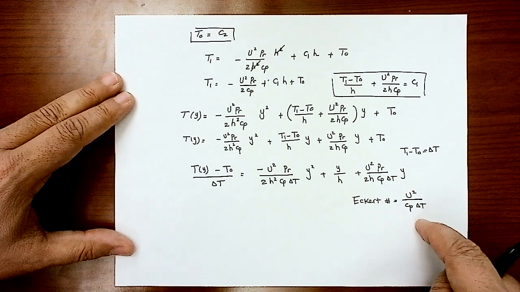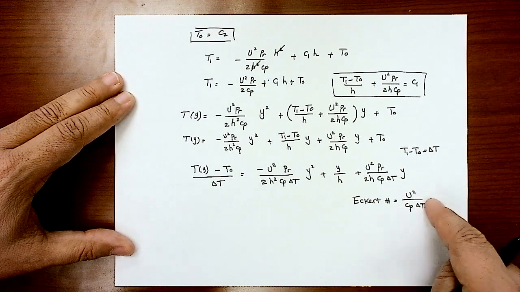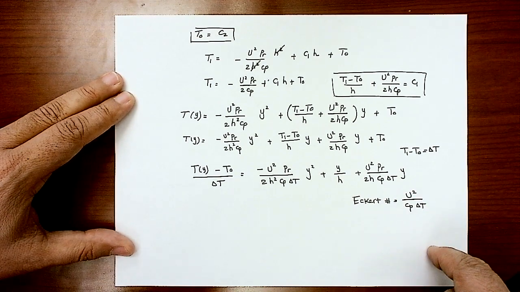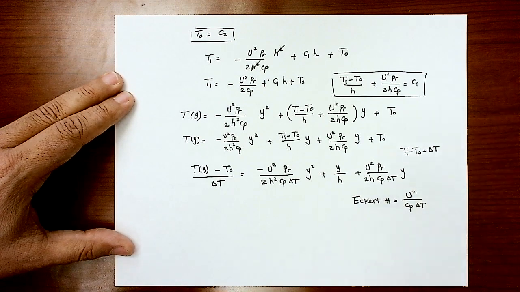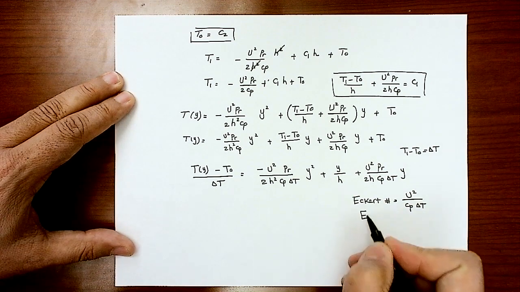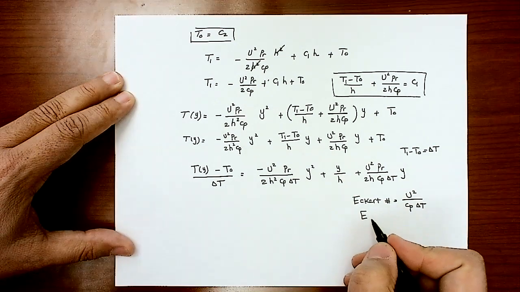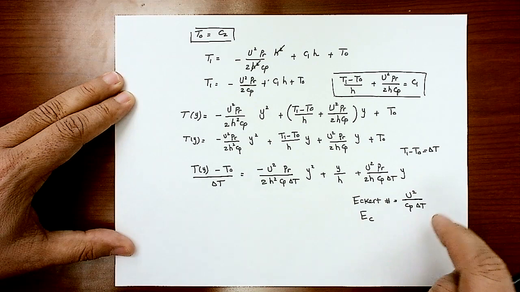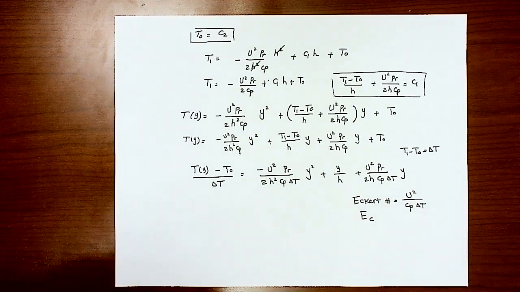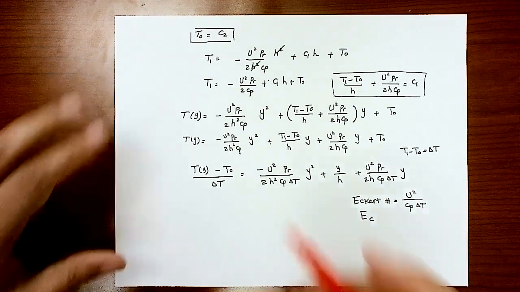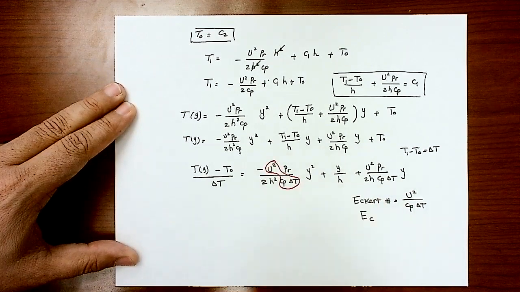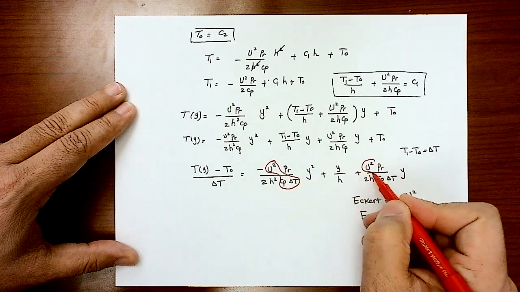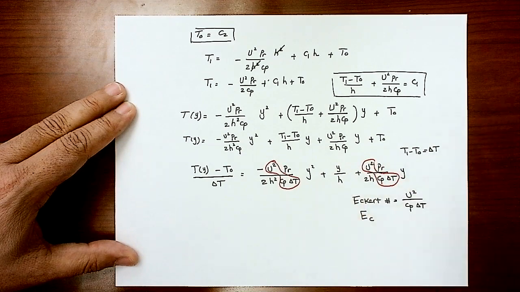If you have a heat transfer going from the lower plate to the upper plate or vice versa, competing with the kinetic energy that carries that heat, that's the Eckert number. So the Eckert number can be written as Ec, U square over CP delta T.